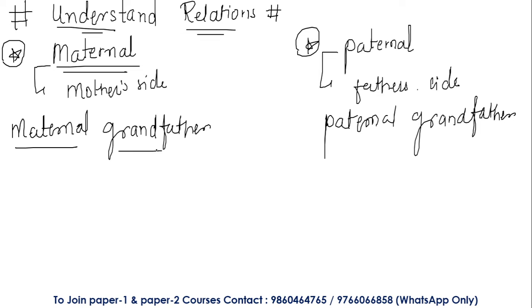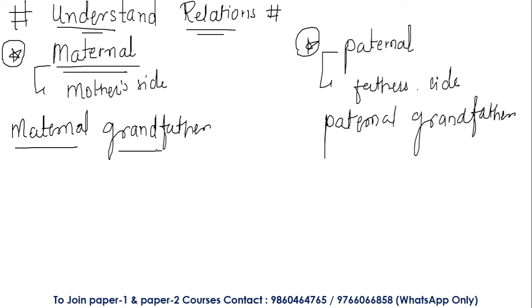That is mother's father, it means nanaji in Hindi. Somewhere Anna is also used in South India, right? Anna is for brother, and sometimes it is also used for the grandfather, that is mother's father. It usually differs region wise, right?